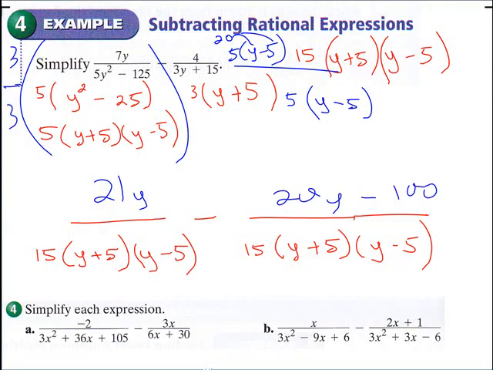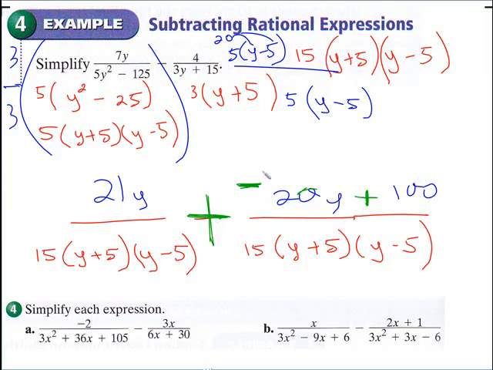Now the only different thing about a subtraction problem is once you've worked all this out, if it's a minus problem, you have to change this sign into a plus, and then the top, this right here, you have to change to the opposite. So this 20y becomes negative now, and this negative 100 becomes positive.